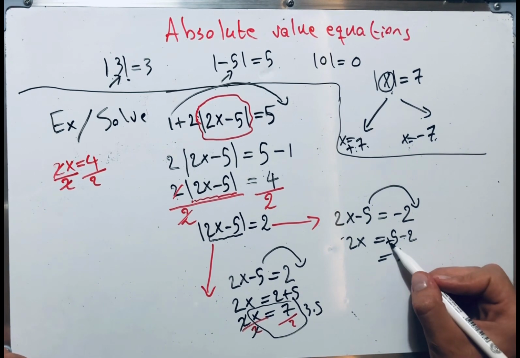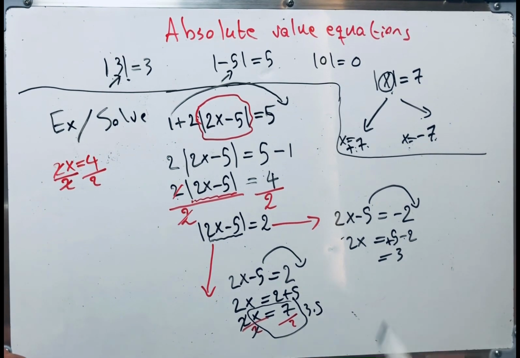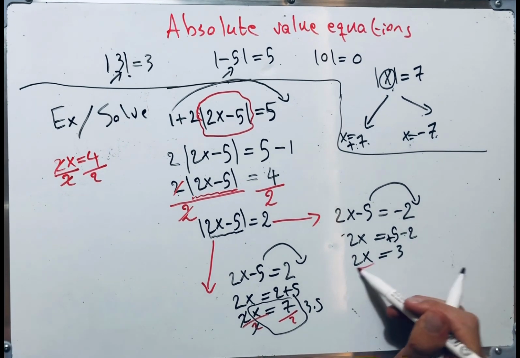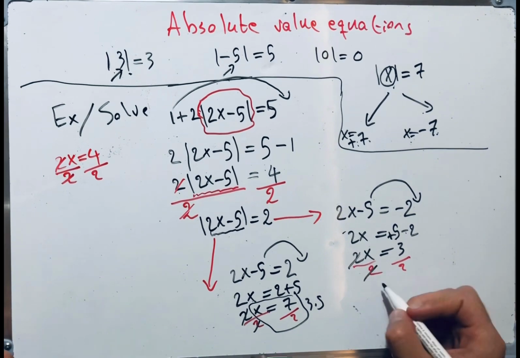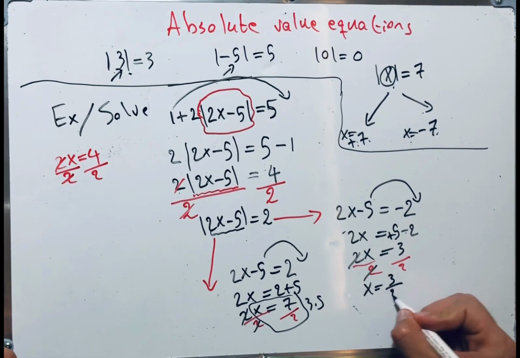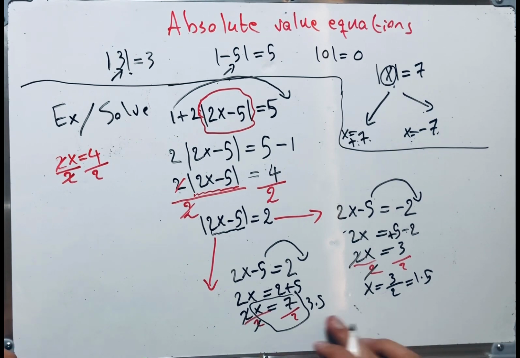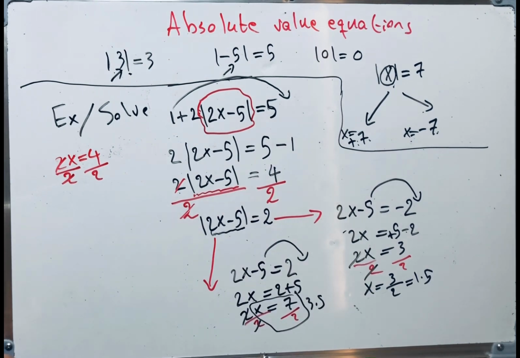The number with the largest absolute size is positive, so the result is positive. So 2x is equal to 3. Again, we divide both sides by 2 to get rid of this number, so x is equal to 3 over 2, or just 1.5. So these two numbers, 3.5 and 1.5, are the solutions for this linear absolute value equation.